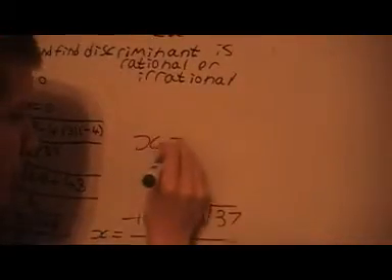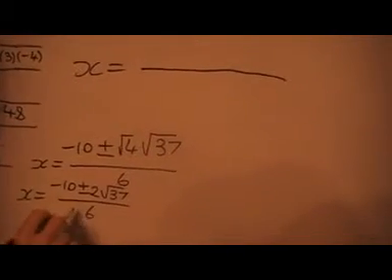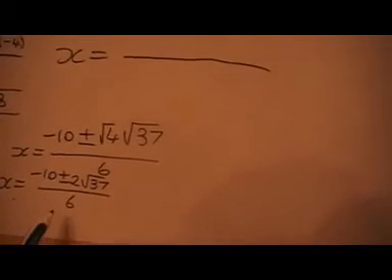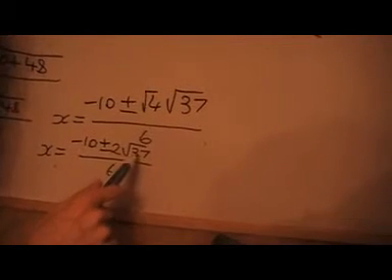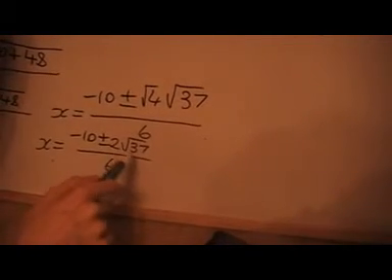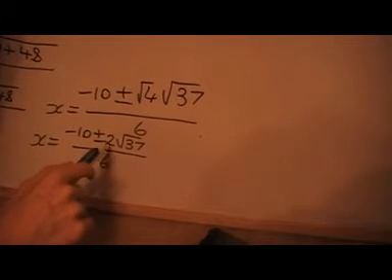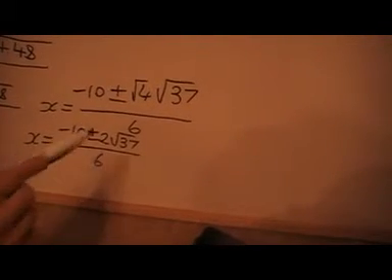Now, we can cancel this a bit. I'm working with this one, and now we can see that we've got a 2 as a factor. We don't take out any factor from underneath the square root, but we can take out this one in front.